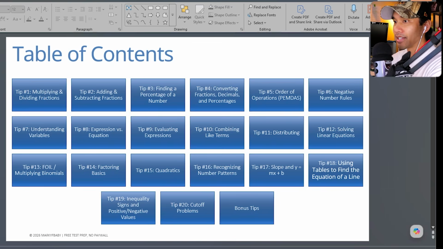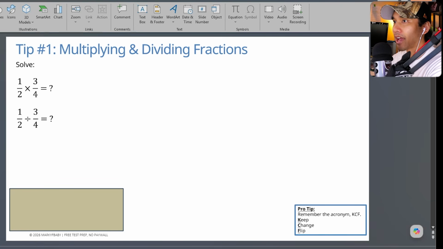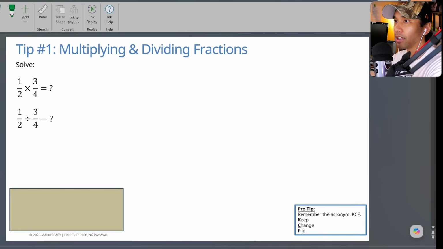Okay, tip number 1, multiplying and dividing fractions. You see here that we have 1/2 times 3/4. In this case, this is super easy. Multiplying and dividing fractions is very straightforward. There is an extra step for dividing fractions, and we'll go over that.